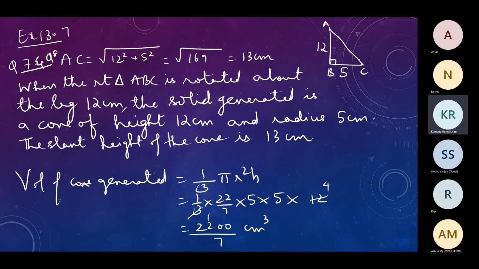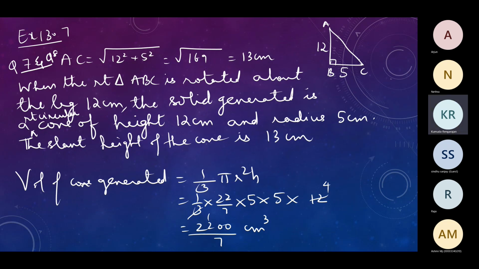Whenever a right angled triangle is rotated about the legs, either AB or BC, if it is turned about AB, then the solid generated is a right circular cone.